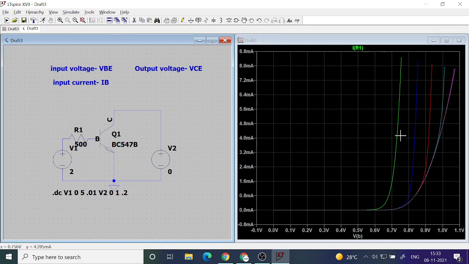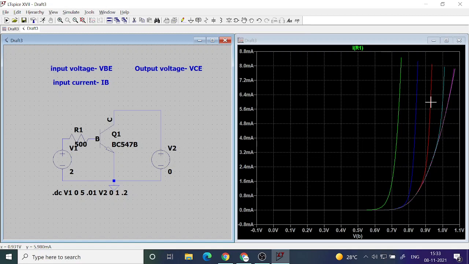So this is for 0 volt, then it is for 0.2 volt, 0.4 volt, 0.6 volt, 0.8 volt and 1 volt. 0.8 and 1 are almost on top of each other, so you can't distinguish it, but there is variation as you increase. So there is a lot of sensitivity with respect to small voltages, but with high voltages it's all the same. Any voltage above 1 volt, not much difference.